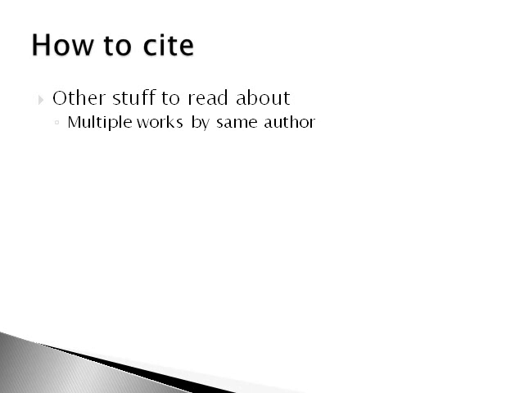Other stuff: if there are multiple works by the same author, how do you distinguish among those when citing? So if Benjamin published three articles and you're citing all of them, and they're all 2009, how does the reader know which one you're talking about? Well, the manual will tell you how to do that.